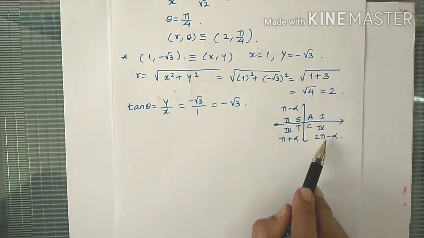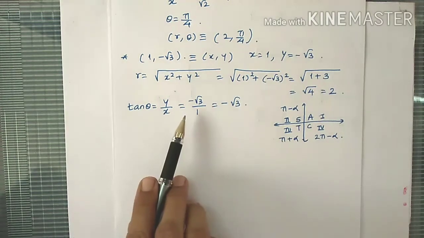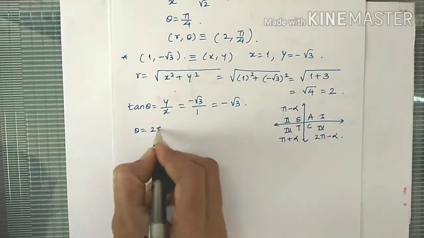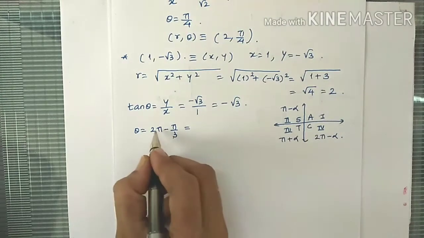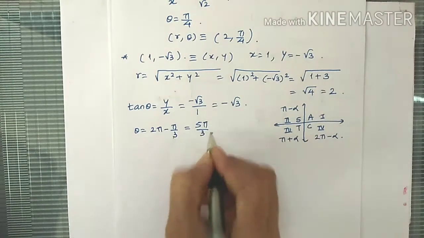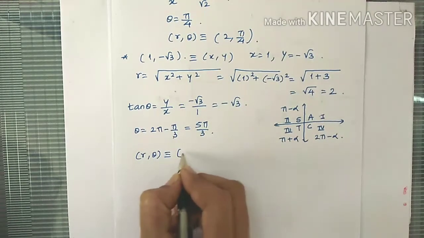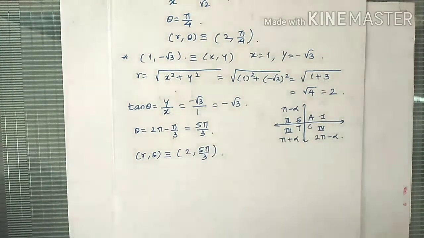So we have to write the angle as 2 pi minus whatever angle we have got here. So theta is 2 pi minus pi by 3. So 3 into 2, 6 pi minus pi is 5 pi by 3. So the polar coordinates are (r, theta), r is 2 and theta is 5 pi by 3.